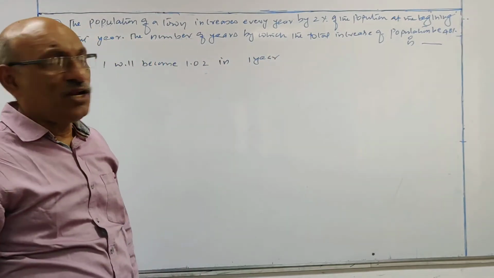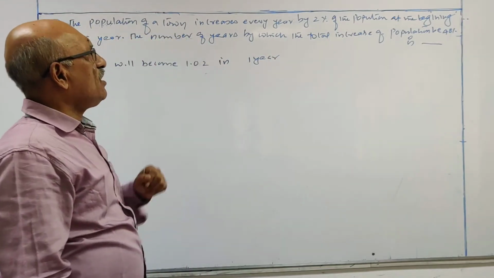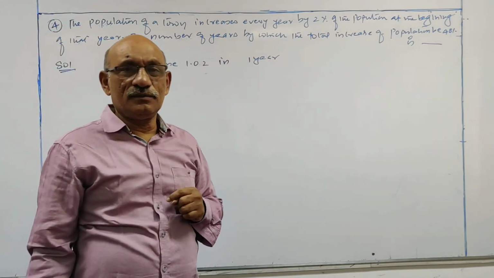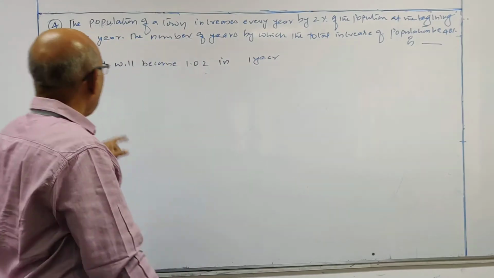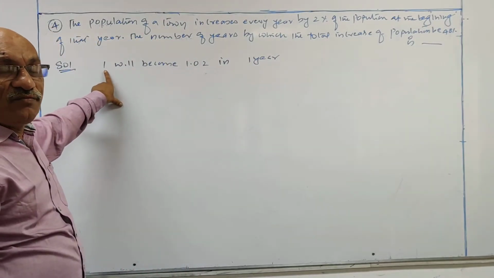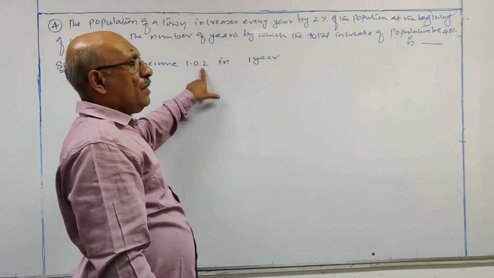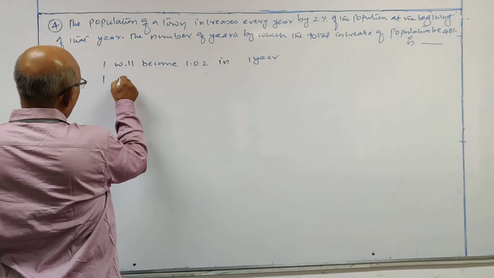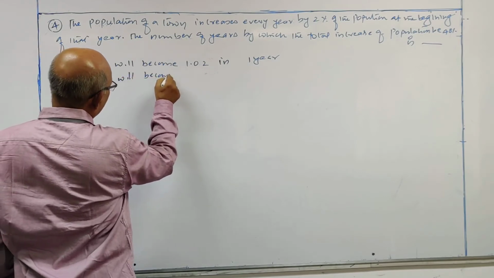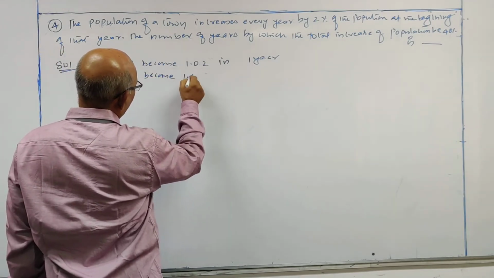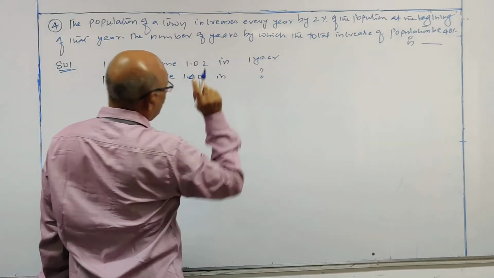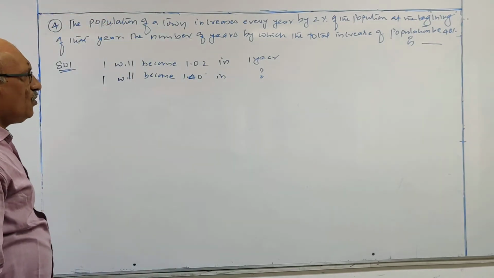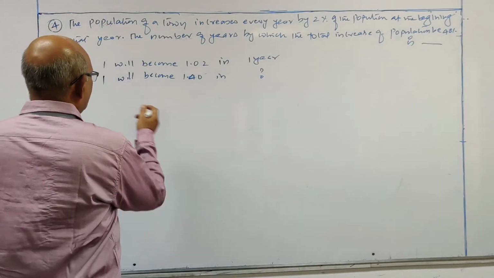So the population at the beginning of the year is 1, and it will become 1.02 in 1 year. 1 will become 1.40 in how many number of years?